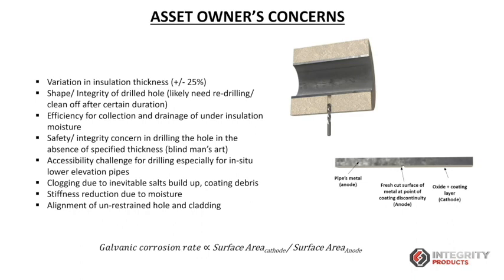Moving back to the API recommendation, it says that the hole has to be drilled in the jacketing. So when someone says we have to drill the hole in the jacketing, we have to be careful. I mentioned the concern previously that there could be a thickness variation in the insulation of plus or minus 25%.